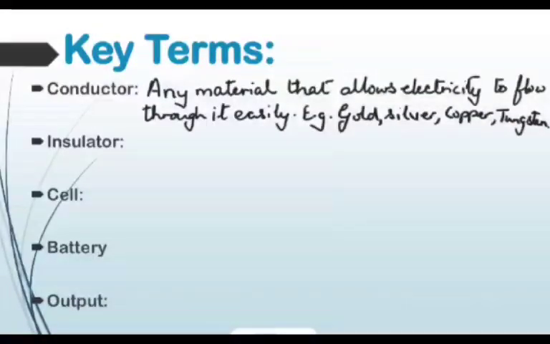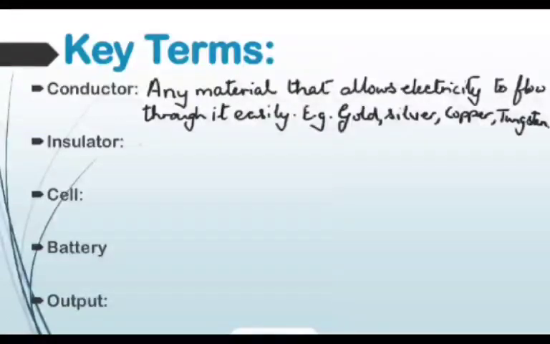An insulator is any material that does not allow electricity to pass through it. For example, the non-metals. Most of the metals are conductors of electricity, and most of the non-metals are non-conductors or insulators of electricity, simply because the jumping of electrons doesn't happen. They are not willing to give out their electrons. They want to accept, but they are not willing to give it out.